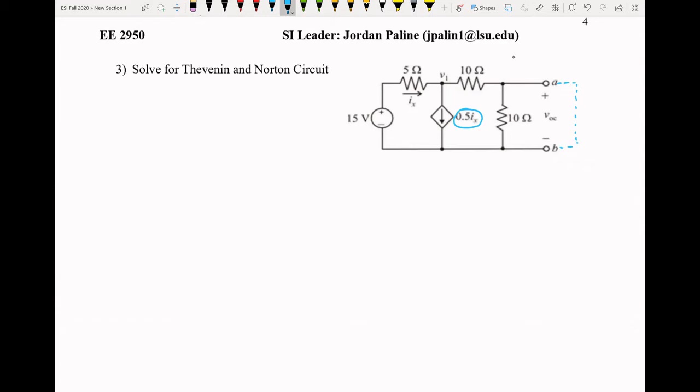If we take a look, this one depends on Ix, and if we go look for Ix, it's right there. So if Ix was to increase, then this source would also increase. If Ix was to decrease, this would decrease. So it's a proportional relationship there.